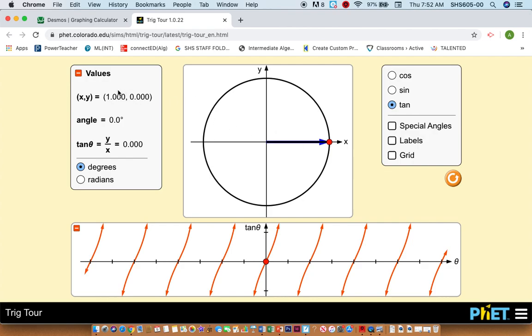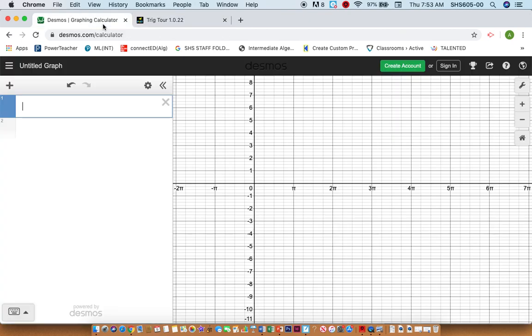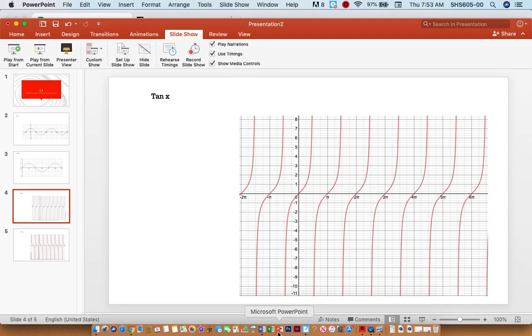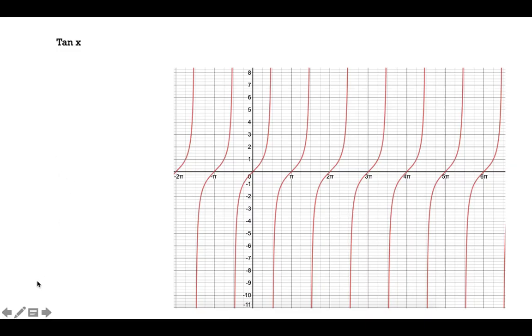And remember, on a unit circle, x is basically our cosine, right? So when is cosine 0? Well, cosine 0 at 90 and 270. So 90 and 270. That would be where our asymptotes would be.